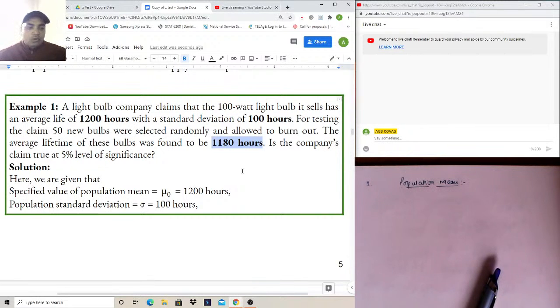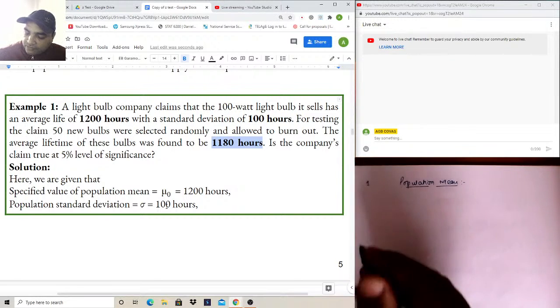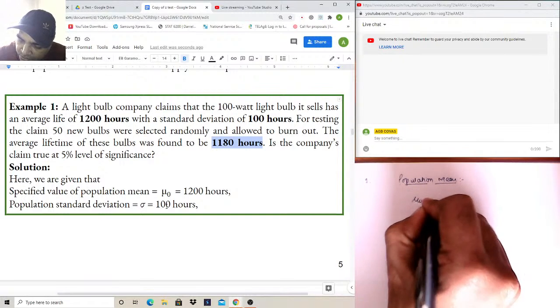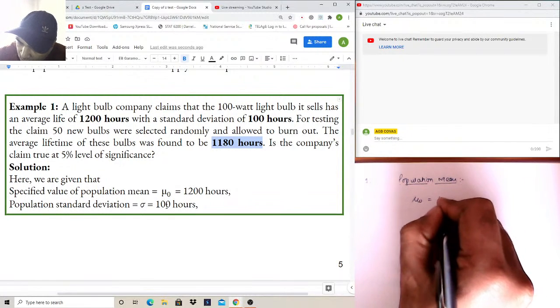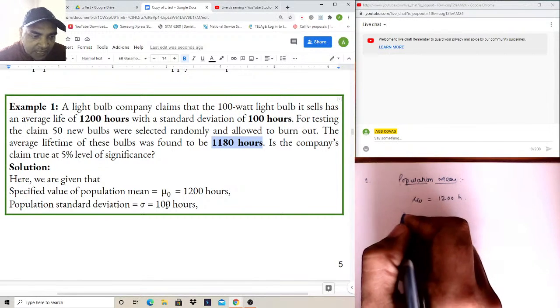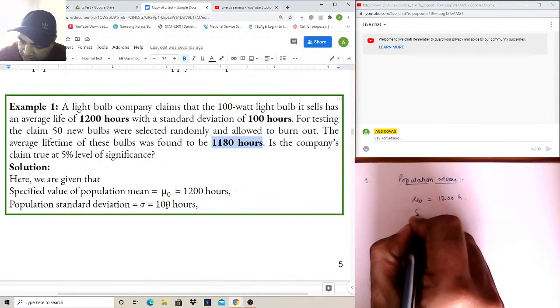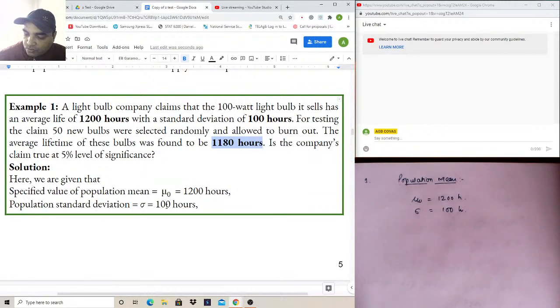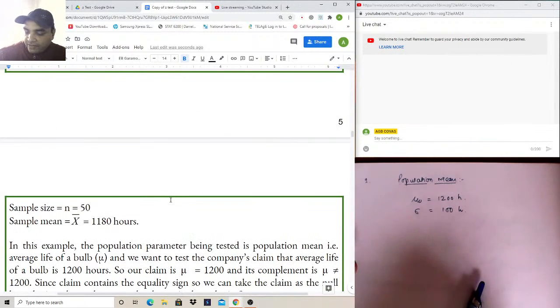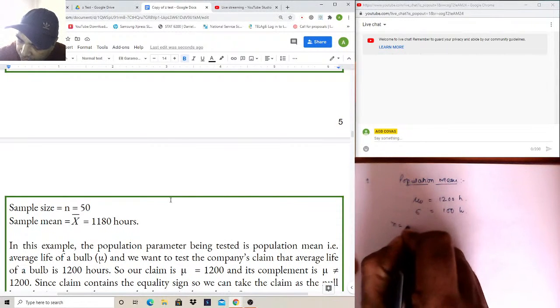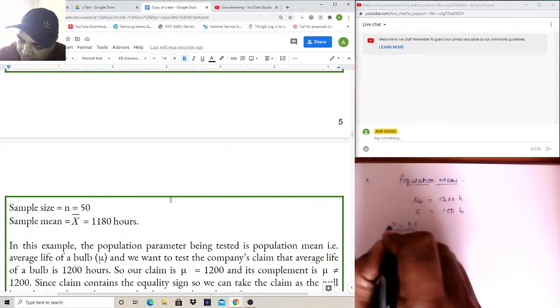Here what is given is the population mean, mu naught equal to 1200 hours. Then we have a population standard deviation, sigma equal to 100. These are the two values given, and the quality inspector has chosen a sample size of 50.